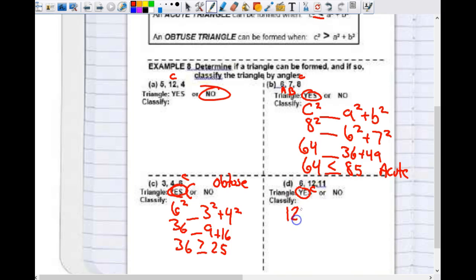We know we're going to have 12 squared blank 6 squared plus 11 squared. 144 blank 36 plus 121. 144 blank 157. Which way does that alligator mouth go? This way. So 144 is less than 157, so that's going to be an acute triangle.